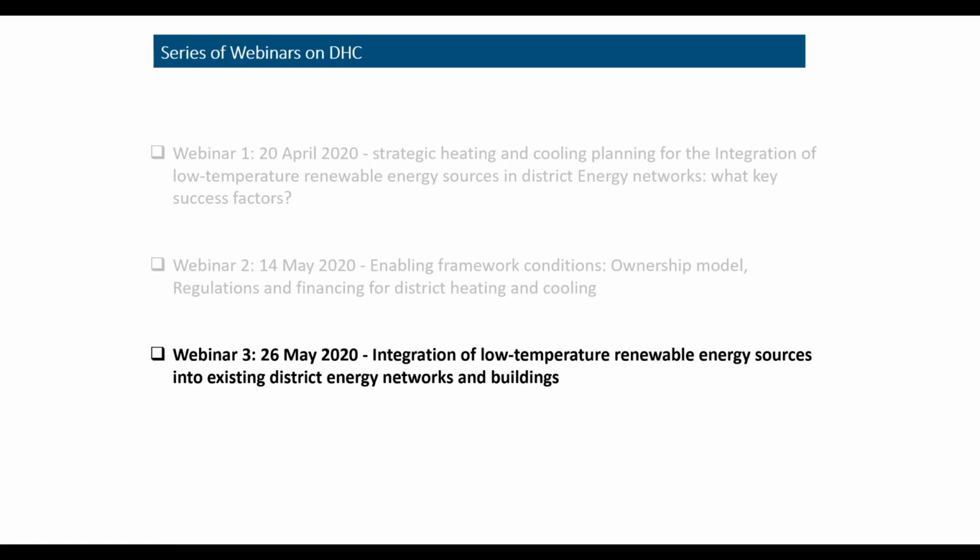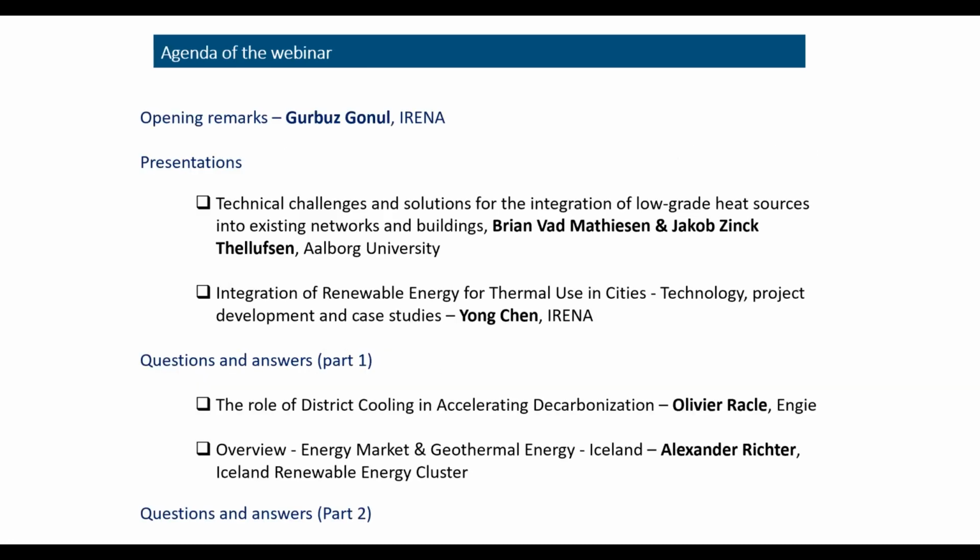One was on strategic heating and cooling planning for district energy systems that are run on low temperature renewable energy sources. And 2, we also looked at the enabling frameworks for district heating and cooling that will enable the development of the district heating and cooling systems.